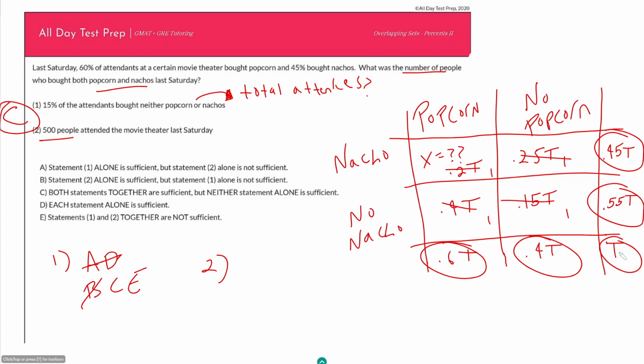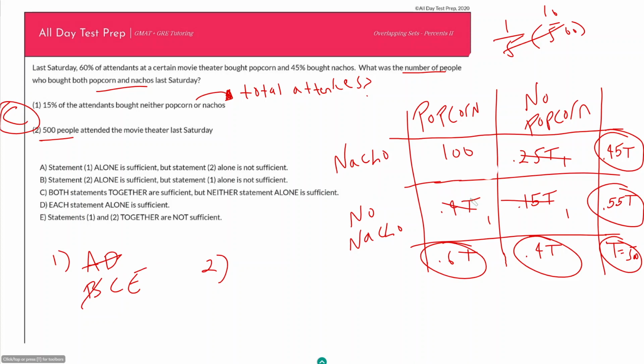And so if we had 500 people total and 20% of them got popcorn and nachos, 20% is 1/5. So that's just 100 people, which means 40%, or 2/5, of my people are here, that should be double this, right?